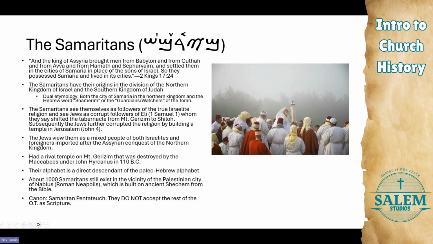Any other questions? Is that the only pocket of Samaritans that we're aware of? Yep. They all have Israeli citizenship. And according to the Jewish religious courts there in Israel, the Samaritans are considered Jews.